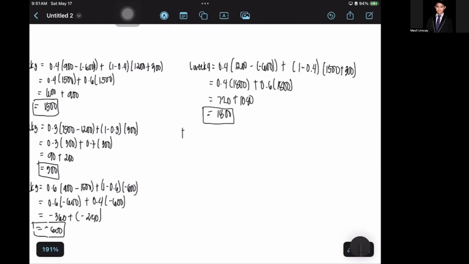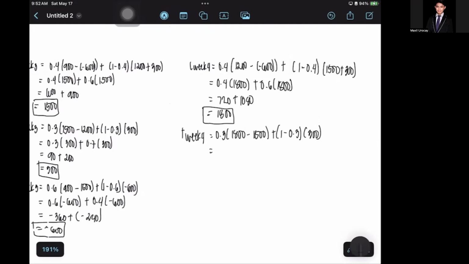Then for the trend of week 4, calculating 0.3 times the current level, which is 1,800, minus the previous level, that is 1,500. Then plus the parameter times the previous trend that you do have, which is 300 as well.